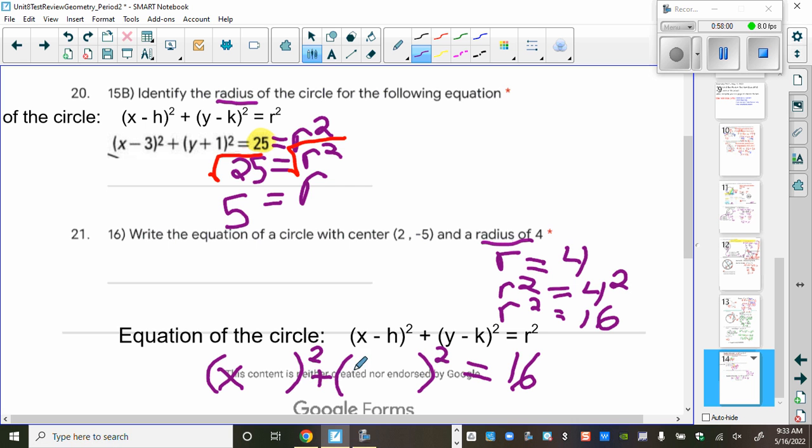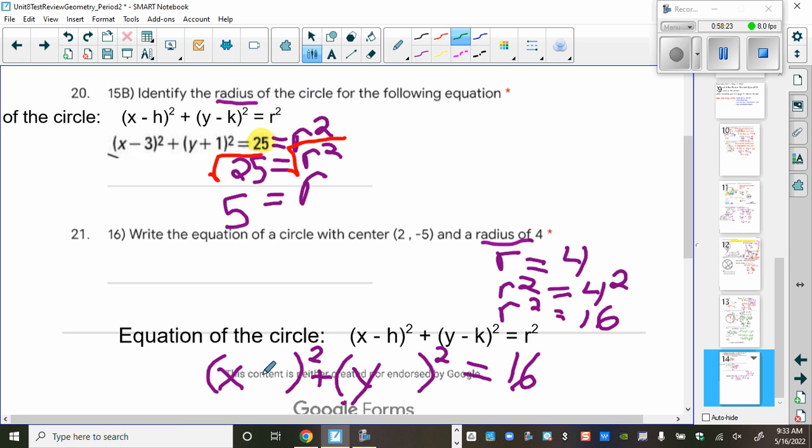And then you have a y. Now, my x coordinate is 2.